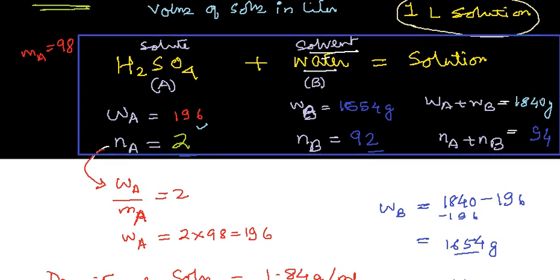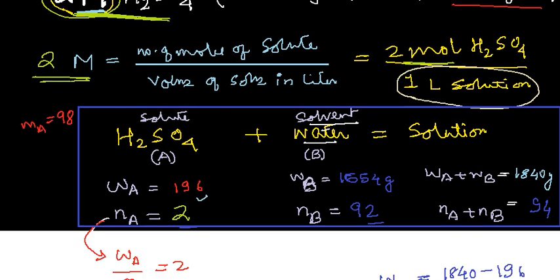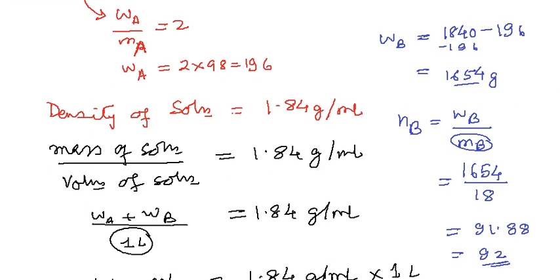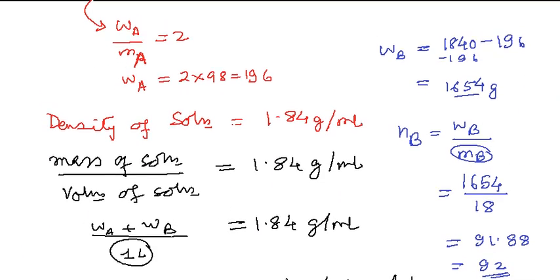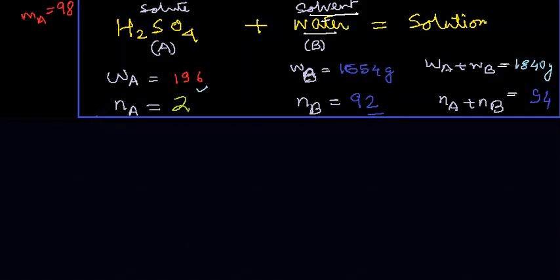Let's say we want to find the mole fractions. The formula of mole fraction, let's say for sulfuric acid, is the number of moles of the sulfuric acid out of the total.